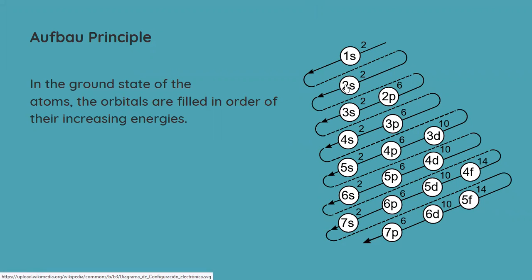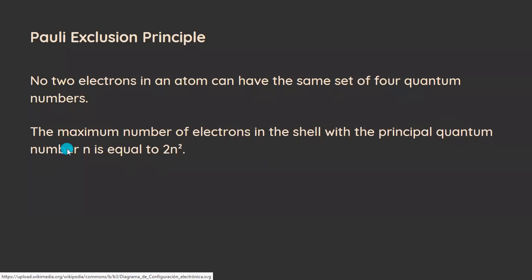Similarly, for n equals 2, 2 into 2 squared is 8 electrons. So 6 plus 2 equals 8. Similarly, for n equals 3, 2 into 3 squared is 18. So 6 plus 2 is 8, 8 plus 10 equals 18. So according to Pauli's exclusion principle, the maximum number of electrons in a shell with the principal quantum number n equals 2n squared. 2n squared is the maximum number of electrons that can be filled into that particular shell.